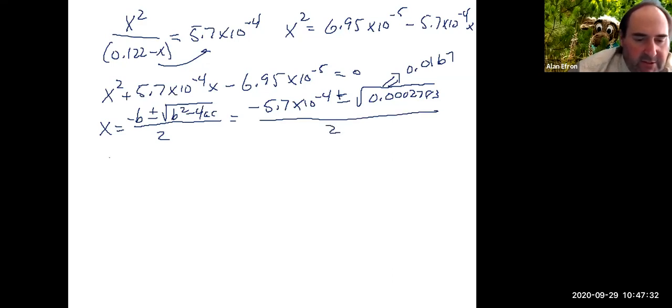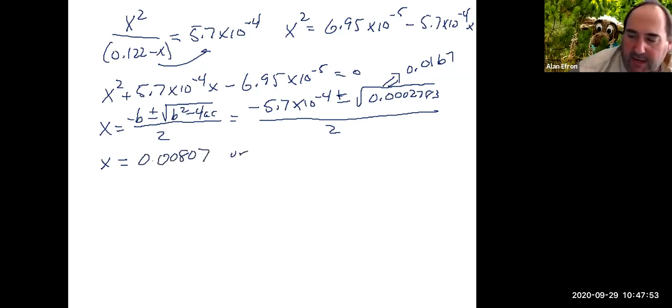That's going to give us our 2 x values. Doing the plus first, minus 5.7 to the minus 4 plus 0.0167, divided by 2, gets us something like 0.00807.